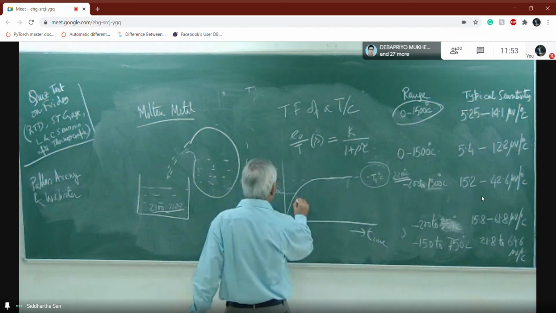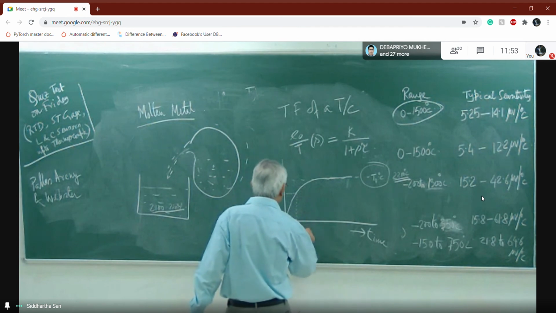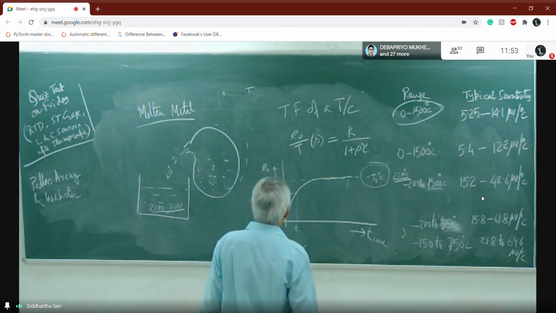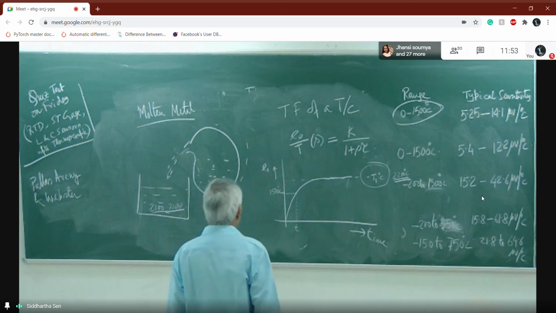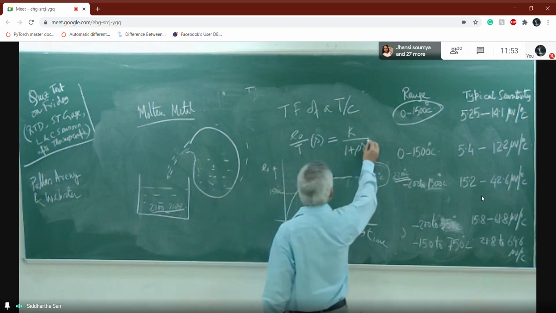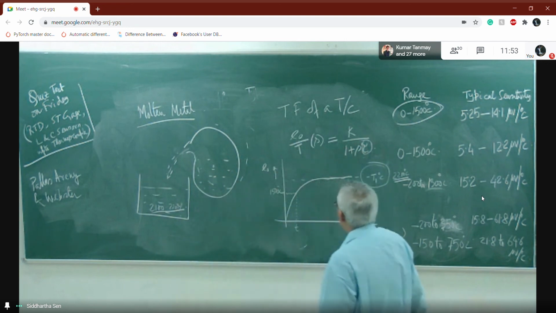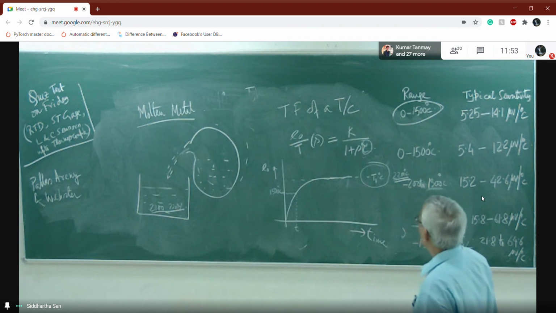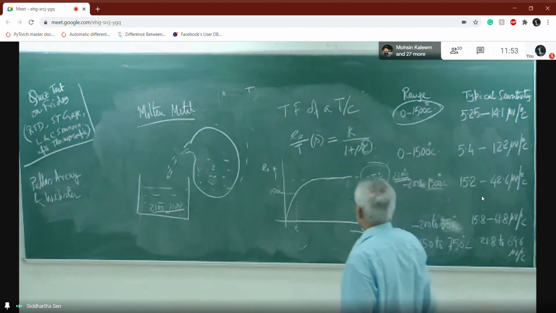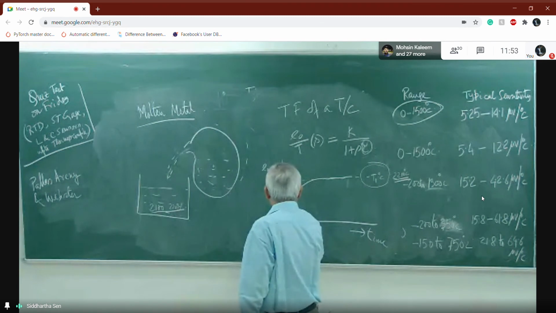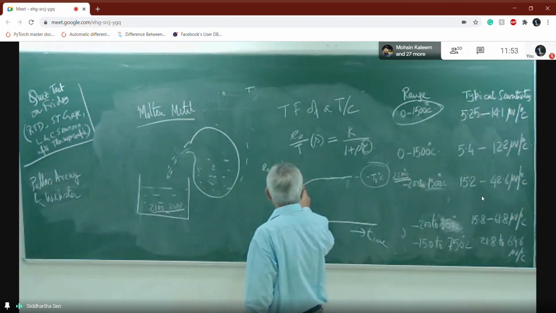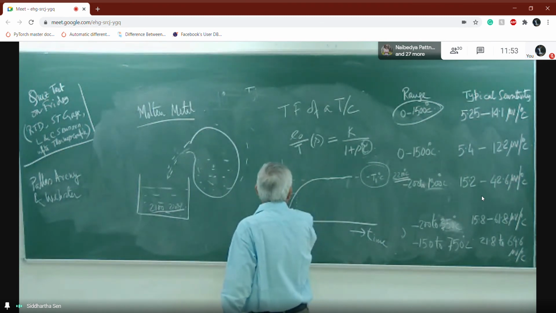Now, if I measure the time, I know the characteristics of the thermocouple, tau I know. So for a particular time, this is 1500 degrees.